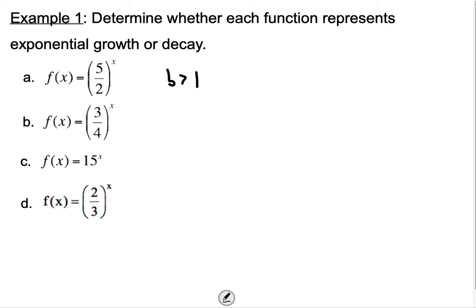The other thing you could do is plot it out in your graphing calculator. 3/4, we just plotted that one out as well, and we could see that was decay. But you can also just look at 3/4. 3/4 is 0.75, and that's a value somewhere between 0 and 1. And so that's considered a decay graph.